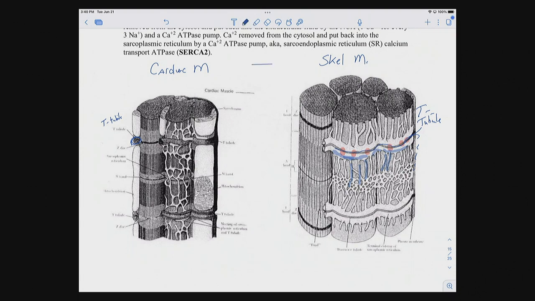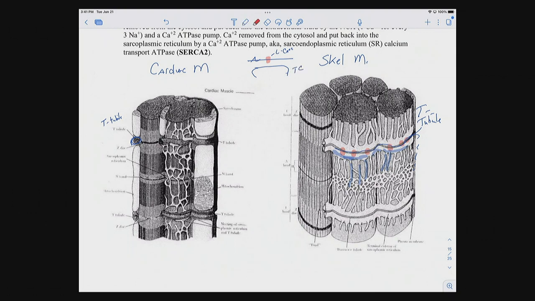You had a T-tubule here, and then, I went the wrong color there, so let me back up and try this again. We'll go red just to be consistent. I'm going to have a dihydropyridine receptor there, or an L calcium channel. The wave of depolarization is going to open that channel up, but also in the skeletal muscle we have a lateral sac here, or my terminal cisterna, TC.